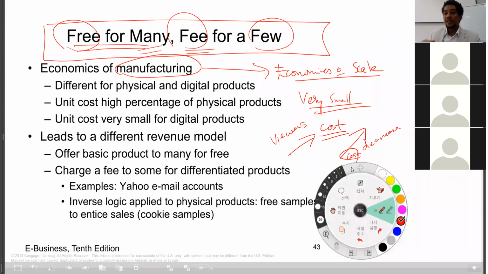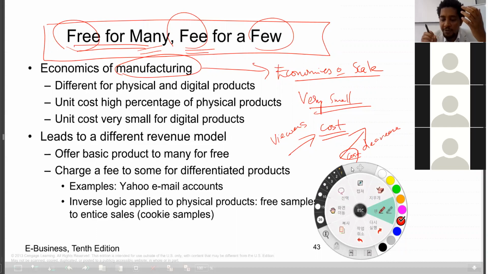So the same principle holds true for web businesses. For the manufacturing sector, when production increases, the cost of production decreases. For web businesses, when the number of viewers of your website increases, the cost that you incur to build or to update this website decreases.